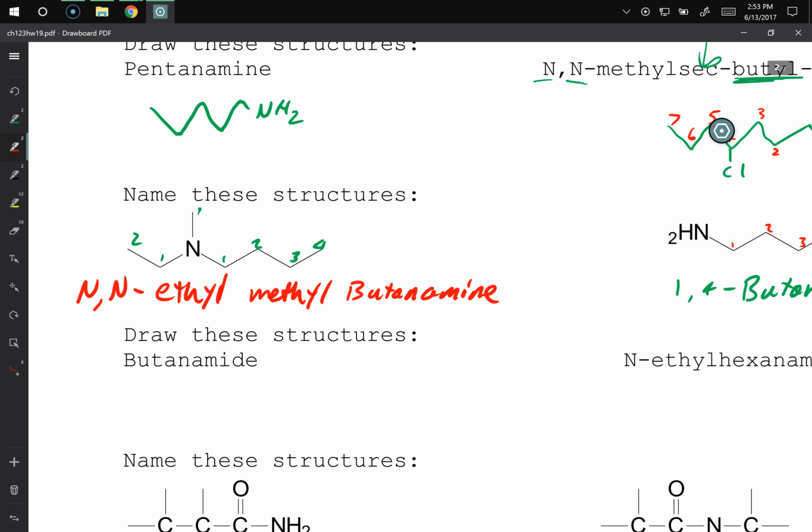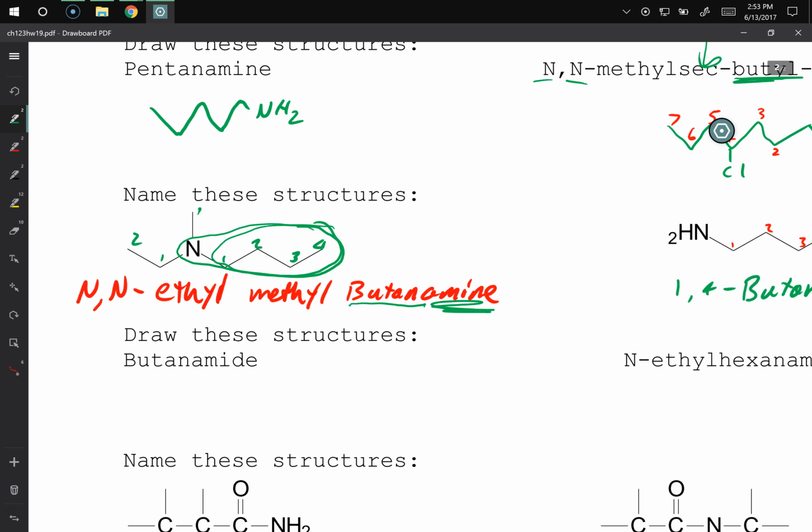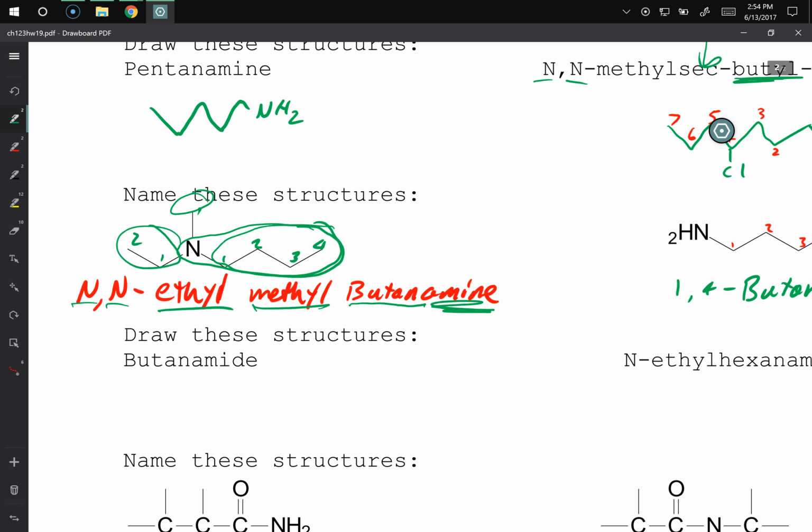Does this one make sense? So this is a butane. That's the longest carbon chain. So I'm saying it's 4 carbons and a nitrogen attached to it. So far I've talked about all of that. And then what else is attached to the nitrogen? 1 carbon and 2 carbons. So there's 1 carbon and there's 2 carbons. How did I know they were attached to the nitrogen and not somewhere else on the butane chain? Because I said on the nitrogen and on the nitrogen. Does that make sense?